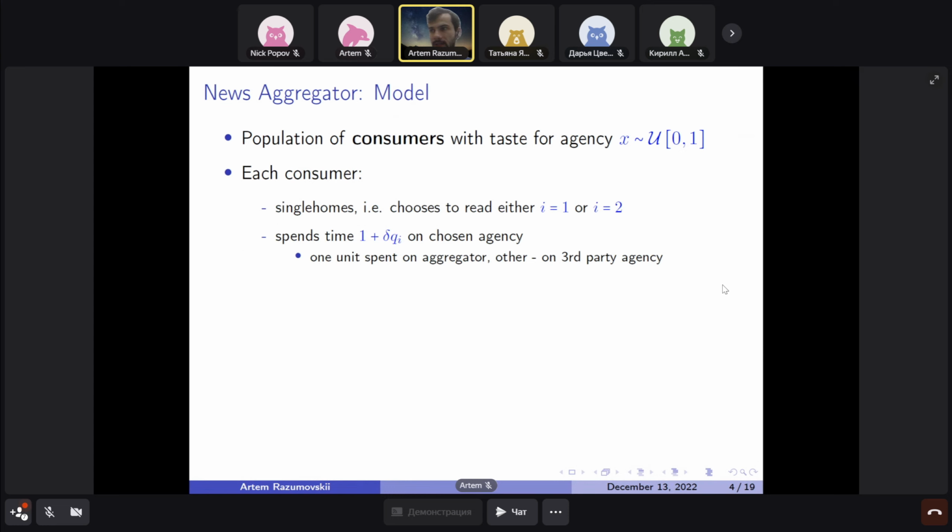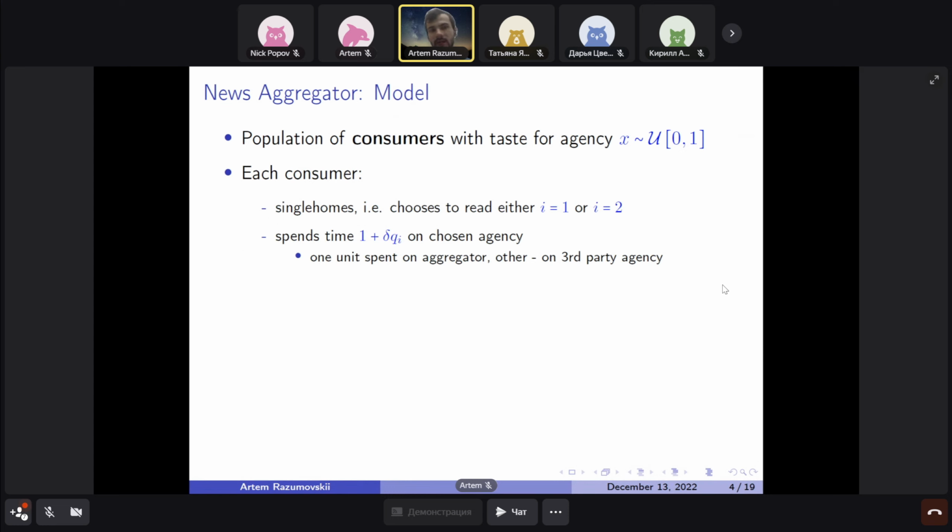If you go to the aggregator, you spend your time on choosing the topic, because you remember what the aggregator does. It collects only the titles and then a short description. So you cannot read the article there, right? Then you need to click and go to the website to read the article.